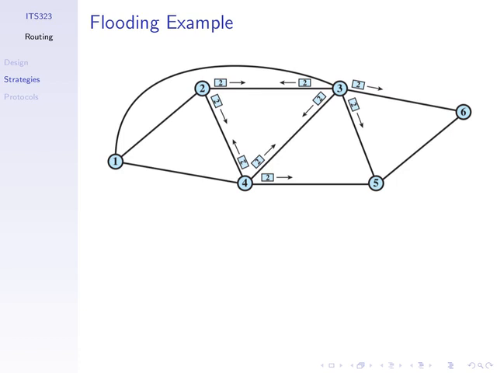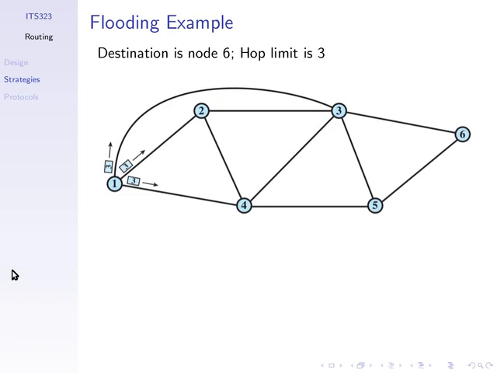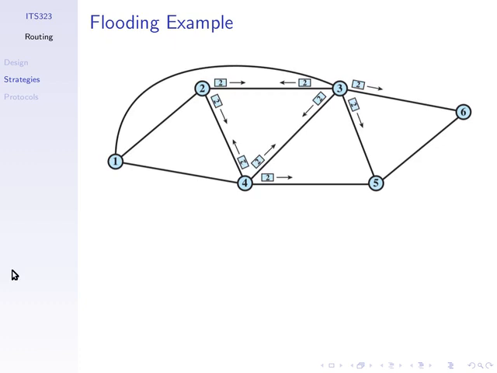So after receiving the first copy, node 4 records in memory, I've received a packet with sequence number 1, and transmits that to its neighbours. So node 4 transmits to its 3 neighbours. Now in the next step, node 4 is going to receive a copy from 2 and 3.